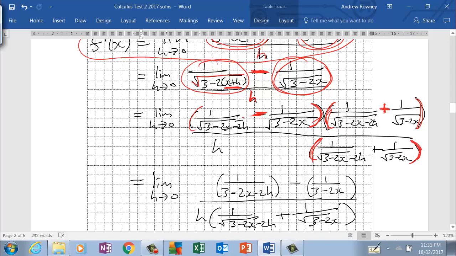Now doing the top line, if you multiply a square root by a square root, you get the same number that's sitting under the square root, so we just get 3 take 2x take 2h because the square roots go. So that gives that first term. When we multiply this first by this first, we get this, the square root drops.